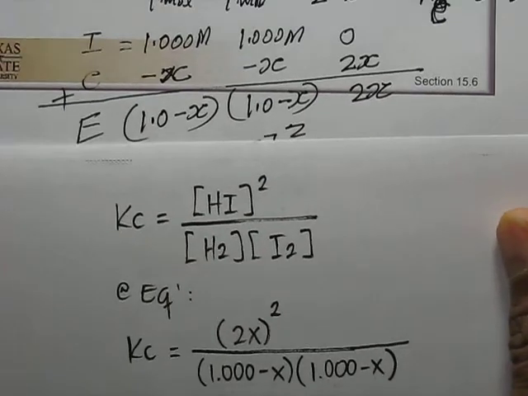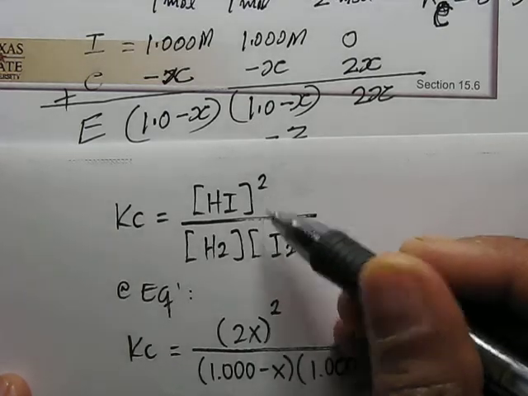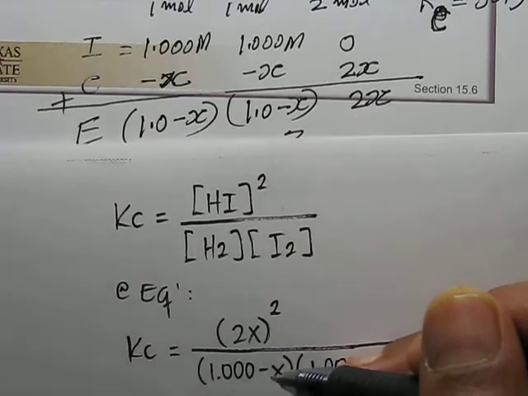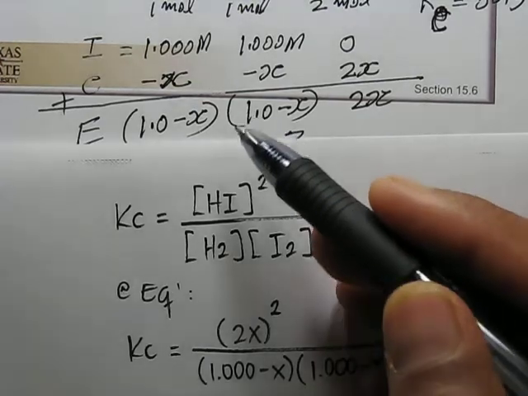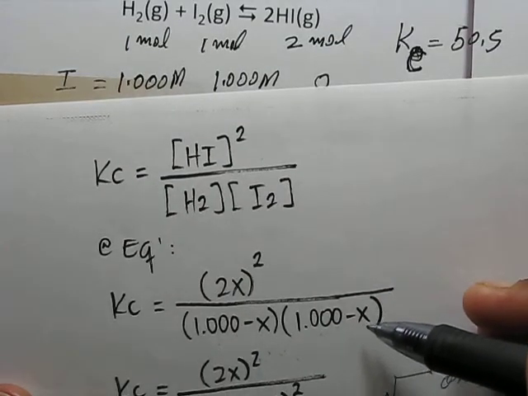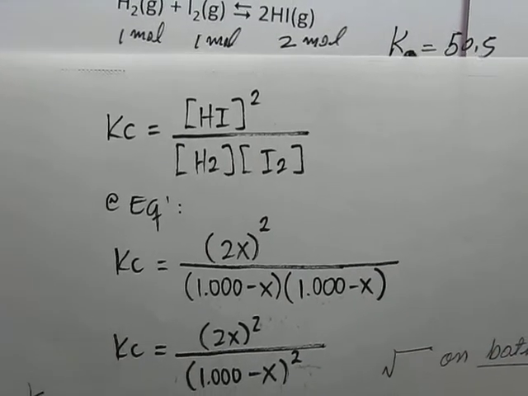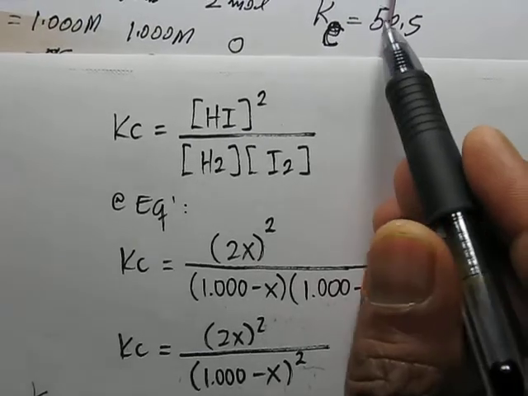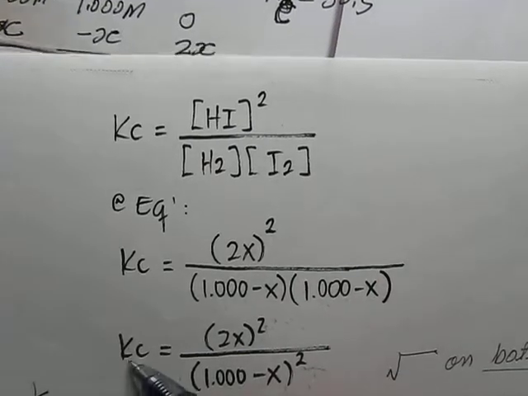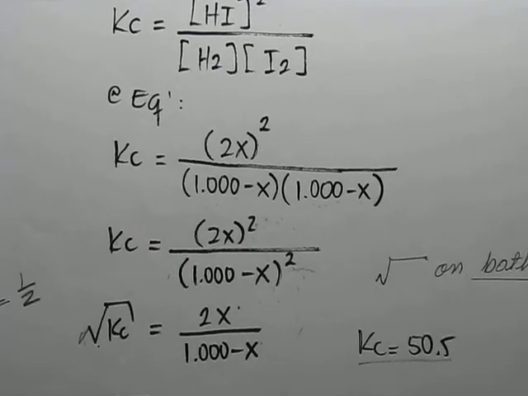Now we can place this value: 2x will go into the hydrogen iodide, and 1.000 minus x for hydrogen and 1.00 minus x for iodine. So we will start the calculation from here, and the Kc value is already given, so we can use it from here. So what is next?